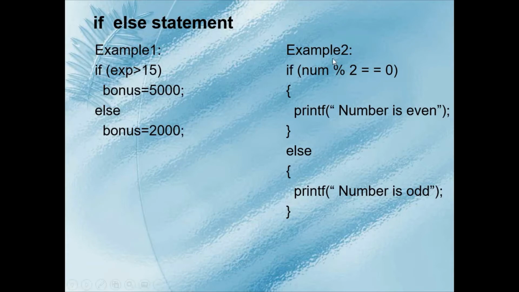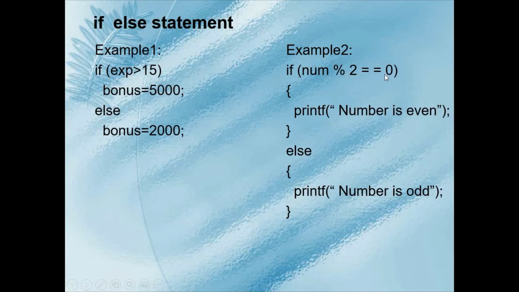So here, to check the remainder, we are using the expression num mod 2. It calculates the remainder. For example, if the number is 8, 8 mod 2 will return the result 0. So this 0 is equal to 0.